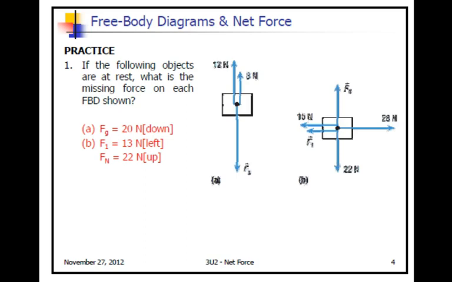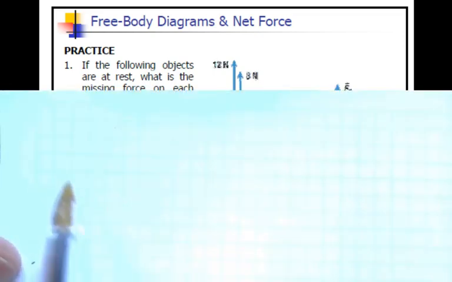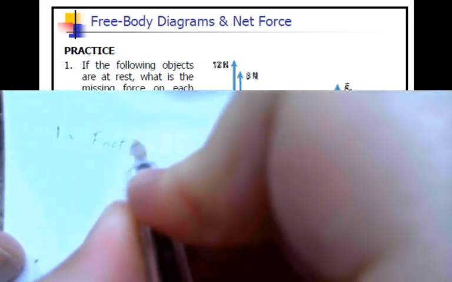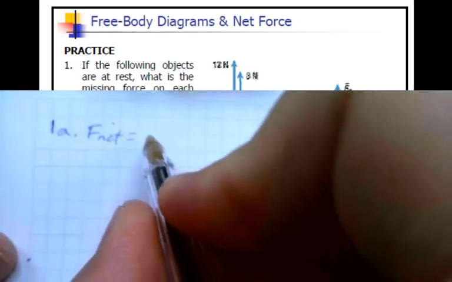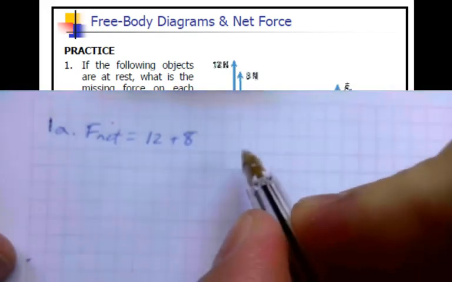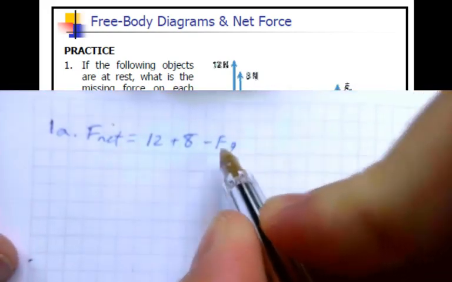Let's turn on the camera here. So in my first situation, I'll call this 1A. We have a net force, F net, of 12 plus 8. Those are both acting up, minus Fg.